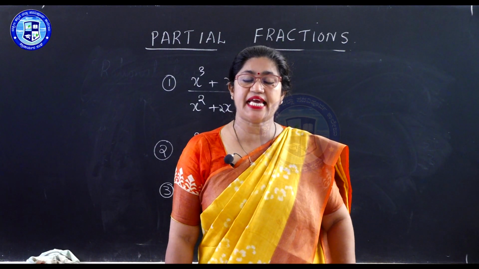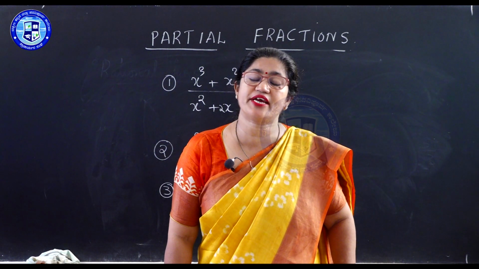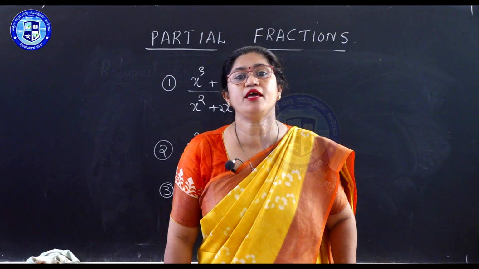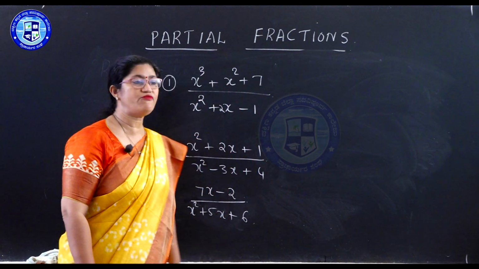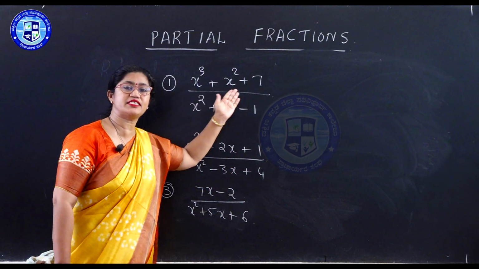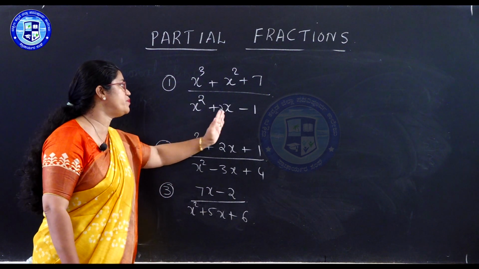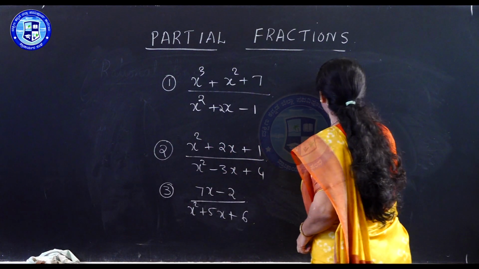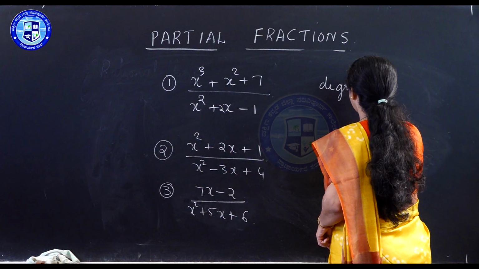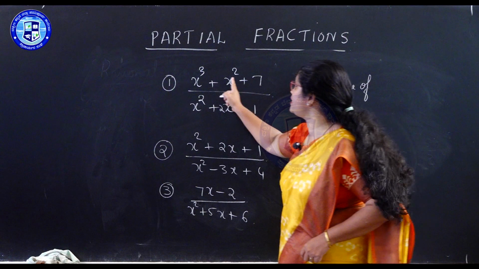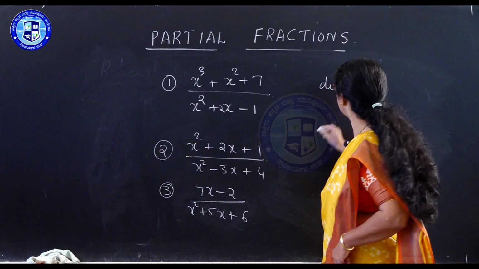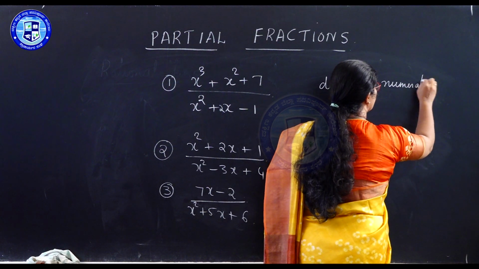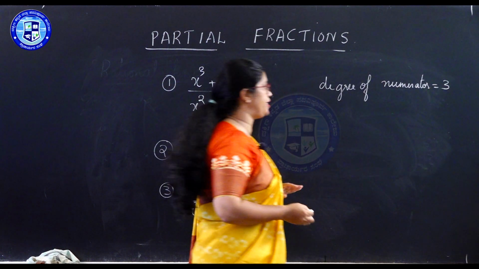Just look at these three examples and let us try to see whether they are proper fractions or improper fractions. See the first example, x cube plus x square plus 7 by x square plus 2x minus 1. What is the degree of the numerator? The highest power of x is 3, so the degree of the numerator is equal to 3.